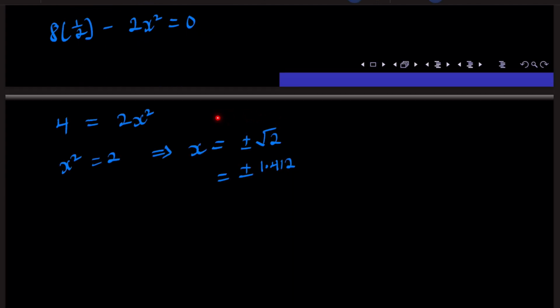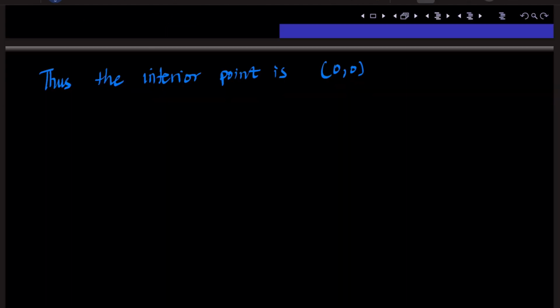Now let's verify if these x values are in the given range. So we were told that x lies between -1 and 1. This implies that these two values are not in the given range, and so we are going to discard these two values. Thus the only point for the interior region is (0, 0).